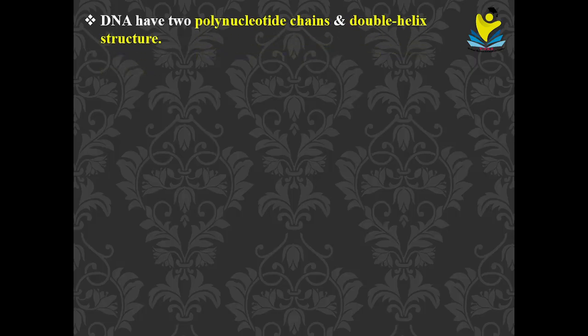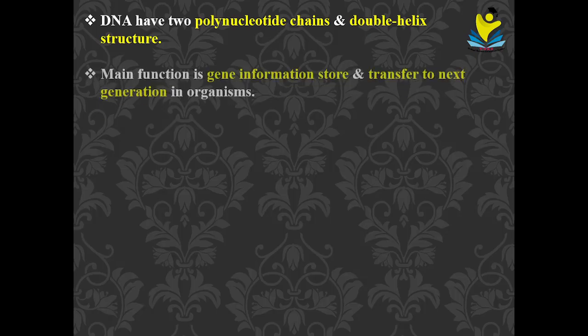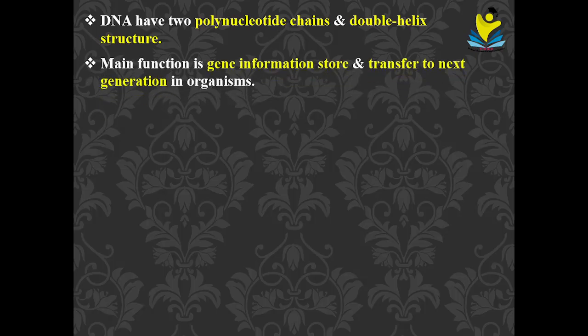DNA has two polynucleotide chains and a double helix structure. The main function of DNA is to store genetic information and transfer it to the next generation in the organism. And another function.